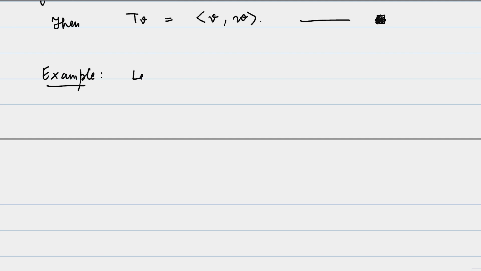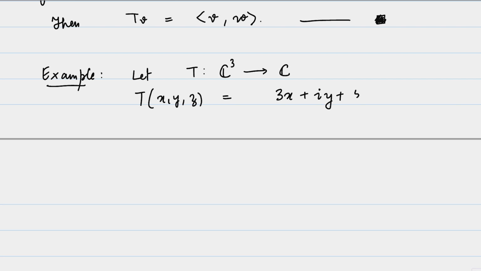So let's look at an example in a complex vector space. Let T be from C3 to C, and let's define a linear functional T of x, y, z equal to 3x plus iy plus 5z. Let's look at this example.